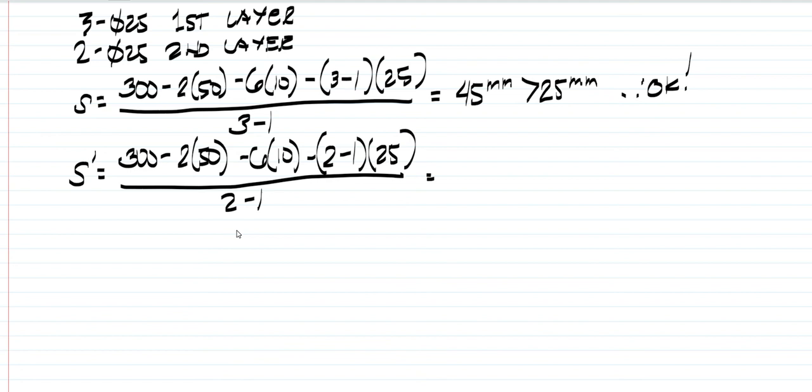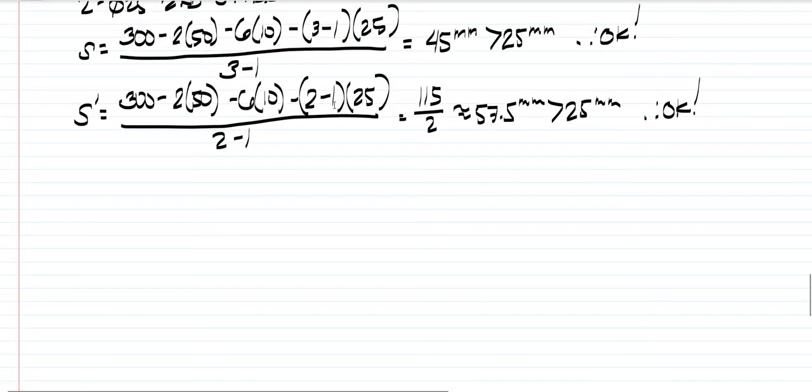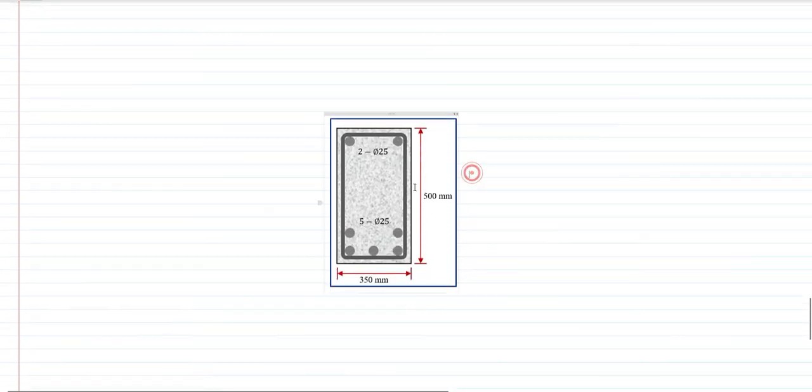So, that will be a value 115 over 2. Approximately, that is 57.5 mm. And that is greater than our value or our minimum, which is 25 mm. And that is okay. So, ang magiging design na nung ating beam is ito.